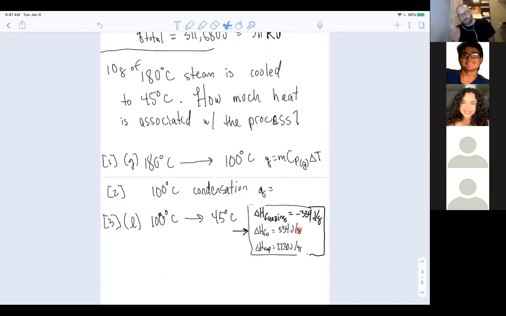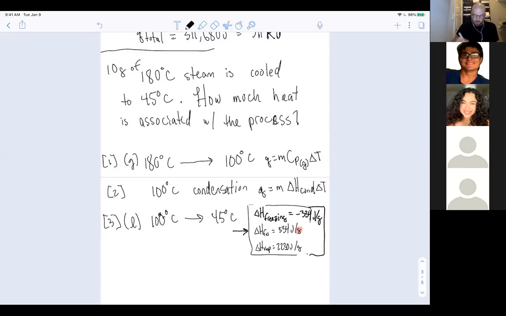You don't necessarily need to have the delta H associated with condensation if you have the delta H associated with vaporization, because they're going to have the same magnitude, just opposite signs. So Q for this one would be equal to M times delta H of condensation.